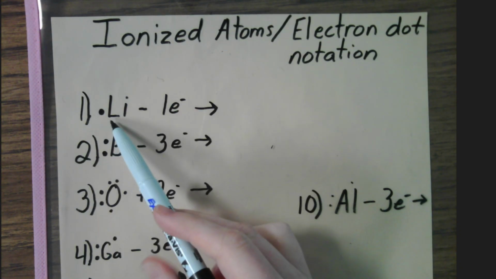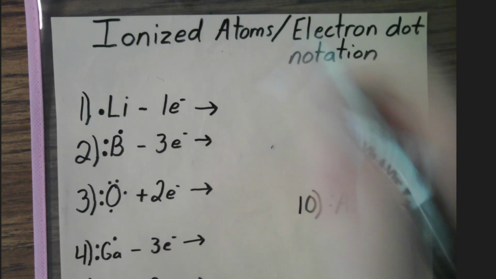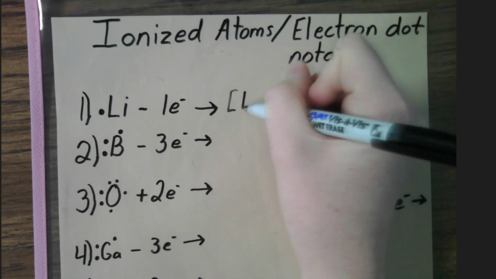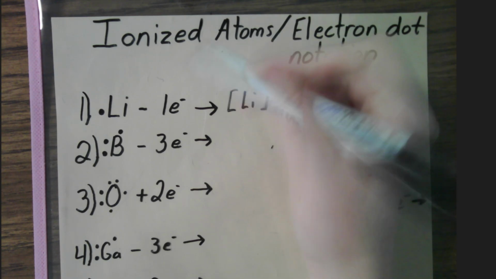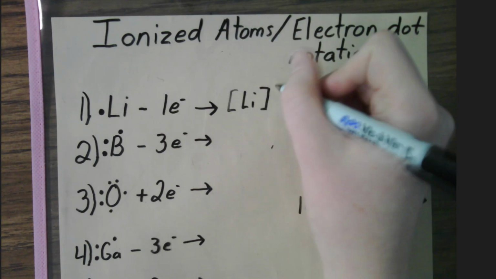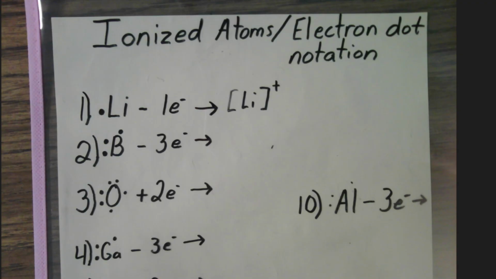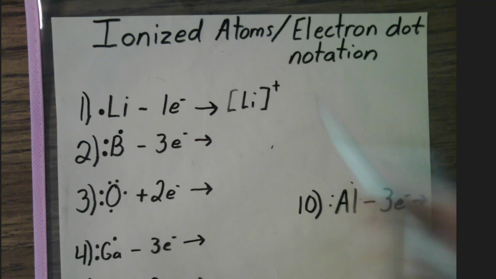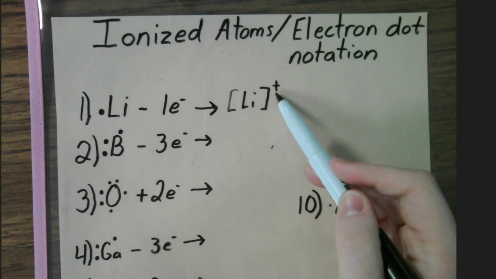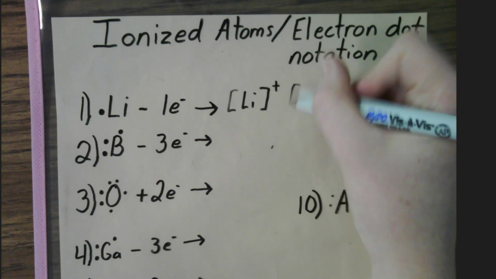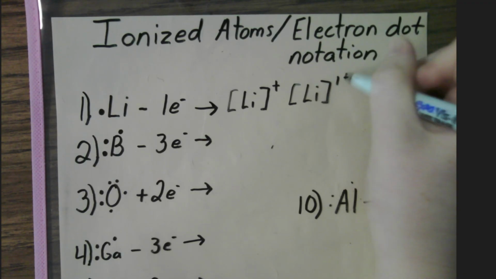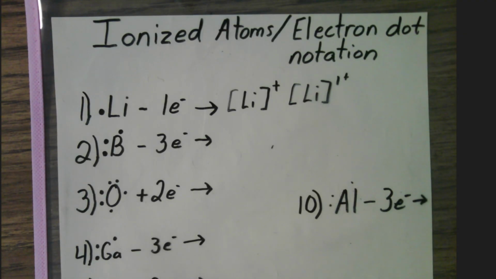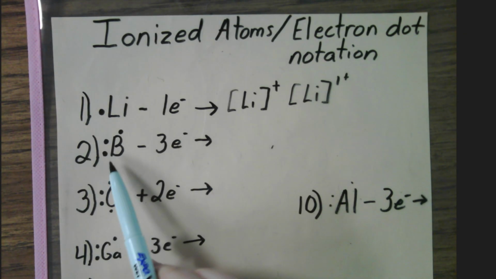So if we get rid of lithium's 1 valence electron, we're going to end up with Li and no electrons around it, because we got rid of the 1, and it is going to be plus. You can either write it as that, because it's understood that it's only one positive charge, or you could write it like this, 1 plus. Either one is correct.